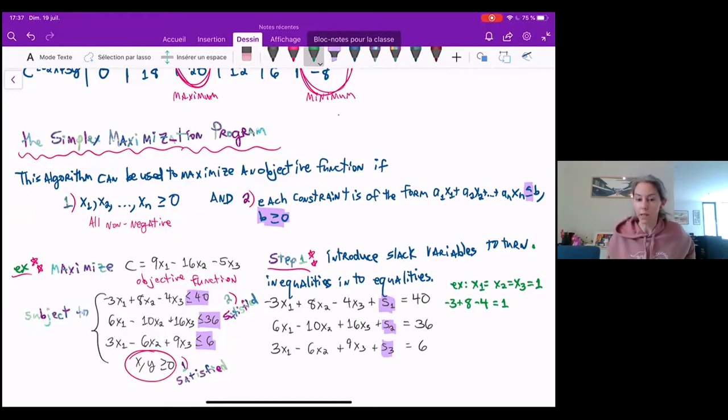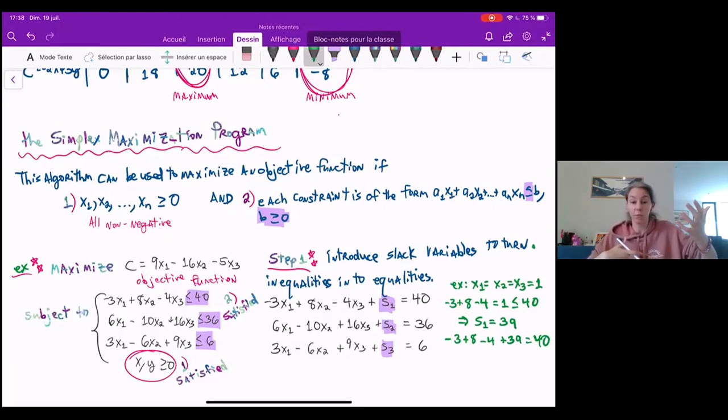It's 39 less than 40. So this would tell me that my slack variable, my S1, is equal to 39. It makes up that slack. So in other words, I would have -3 plus 8 minus 4 plus 39. And now suddenly this is equal to 40.